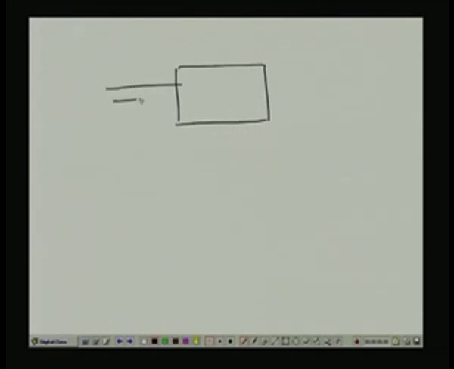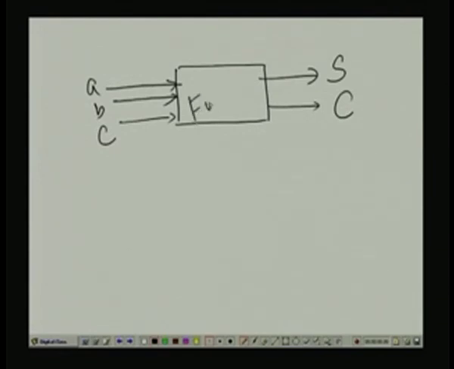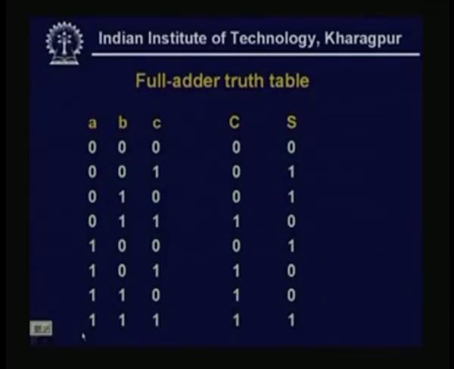There are 2 operands A, B, and this is my previous carry, this is my sum, and this is my carry, meaning the next carry or the carry to the next bit. Okay. So, now we identify the input output relationship.